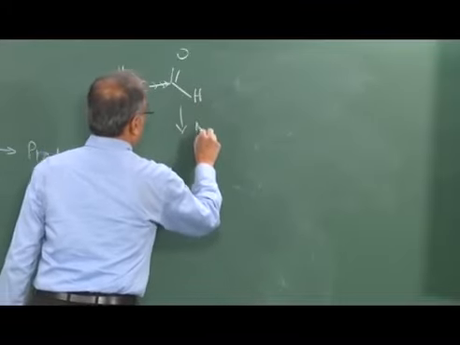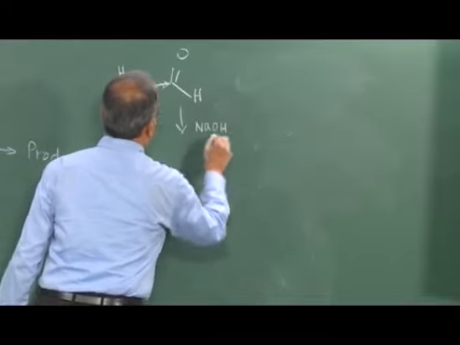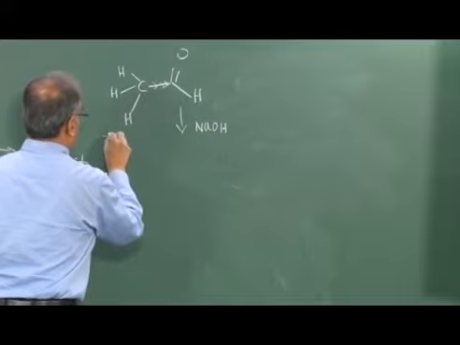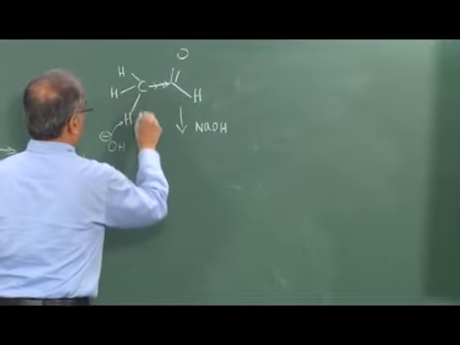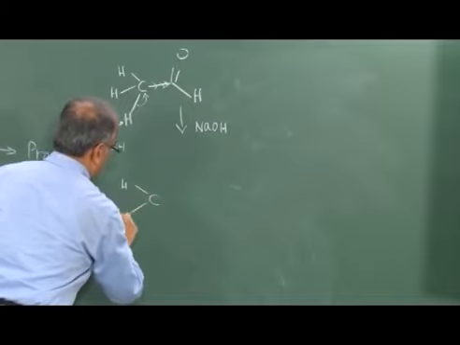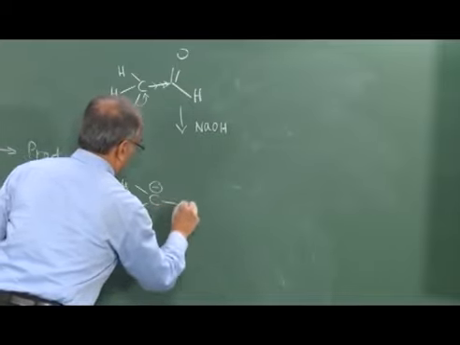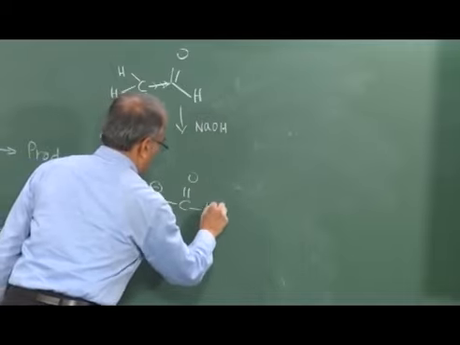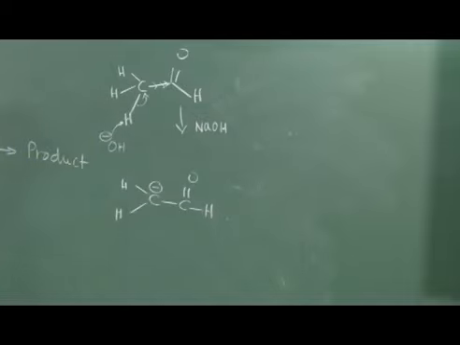If we treat it with sodium hydroxide, OH minus reacts with the hydrogen, producing a carbanion, which is this particular carbanion.